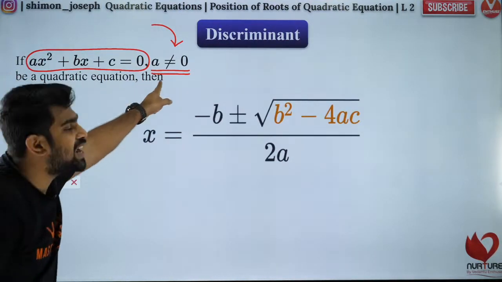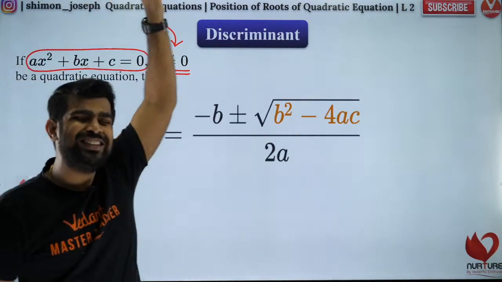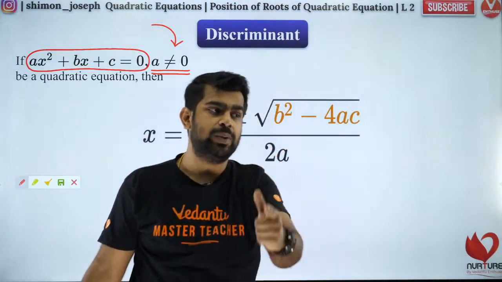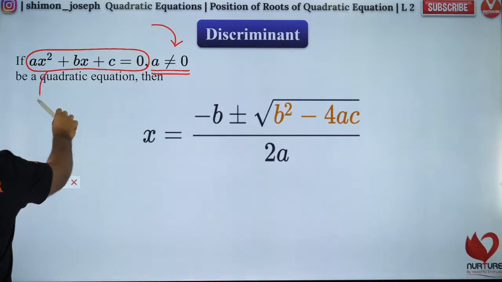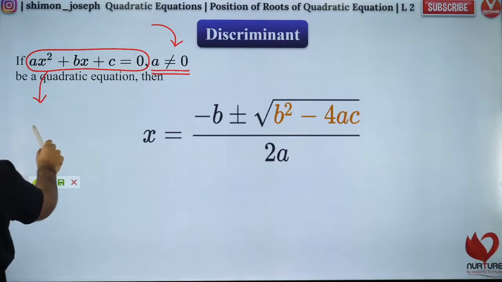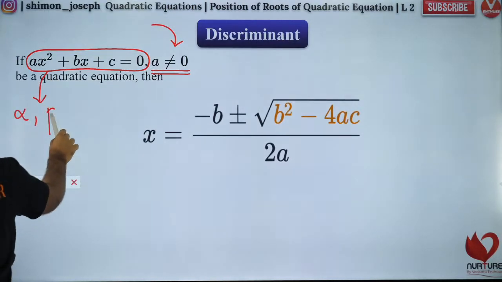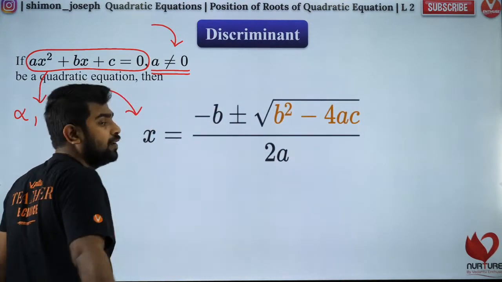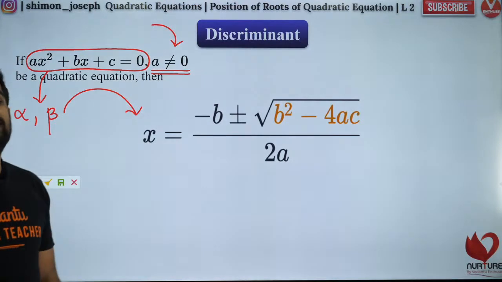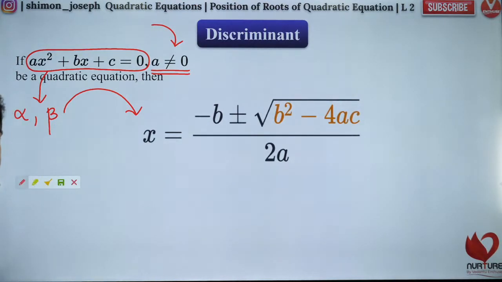Only then does it become a quadratic equation. Now, if this is a quadratic, we know that there are 2 roots for it, alpha and beta. Those 2 roots are given by the quadratic formula, which is also called the Sridharacharya formula. I hope you guys know that. I told you about this in the last class, right?